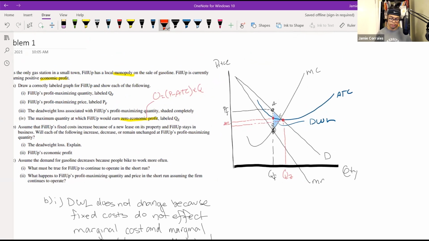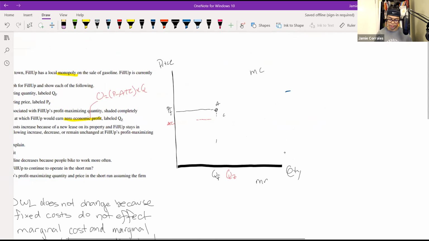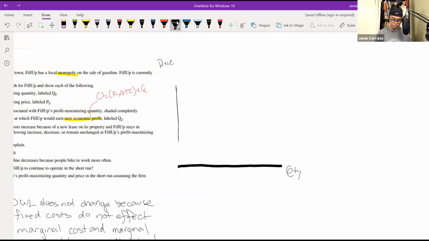But what's going to happen is if demand changes, this changes marginal revenue, right? So let me just erase all this stuff here on the graph, let's erase the whole thing actually. So I'll show you an illustrative example. It's not part of the question.